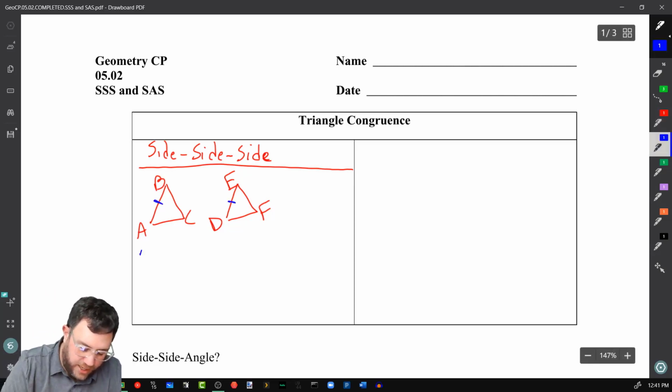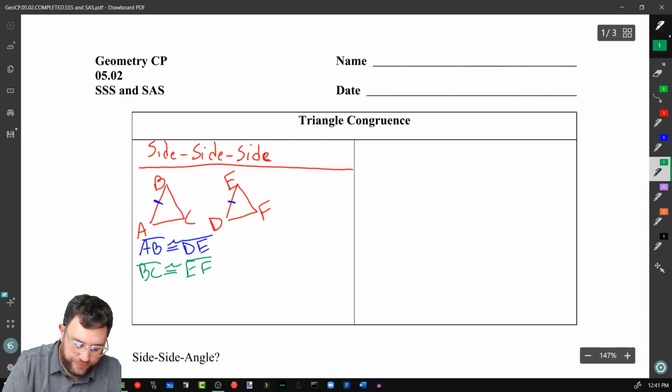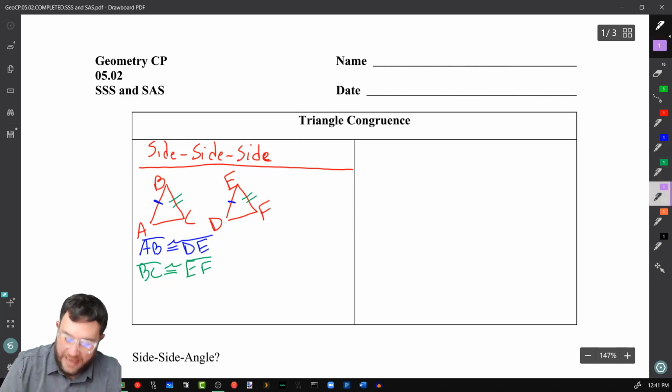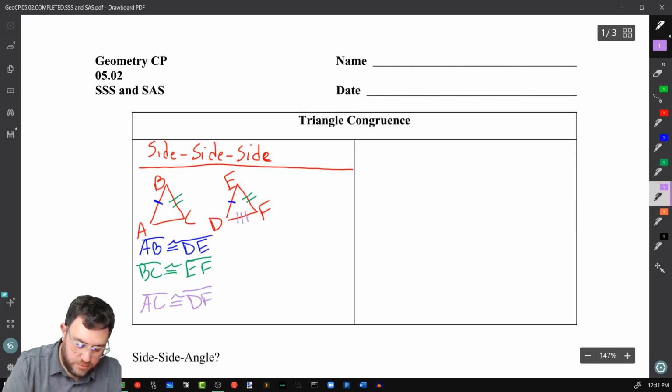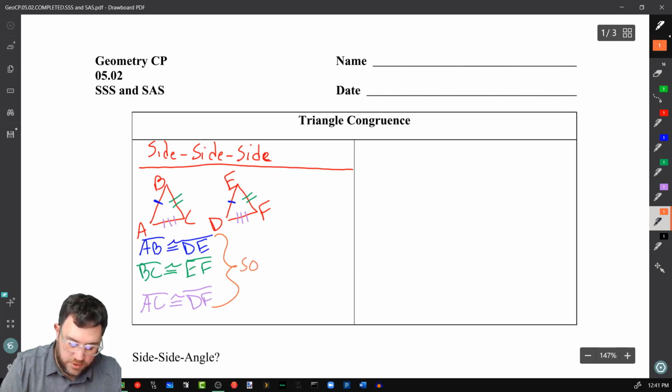So if we know that AB is congruent to DE and BC is congruent to EF and AC is congruent to DF, if we know all of that is true, then we know triangle ABC is congruent to triangle DEF.